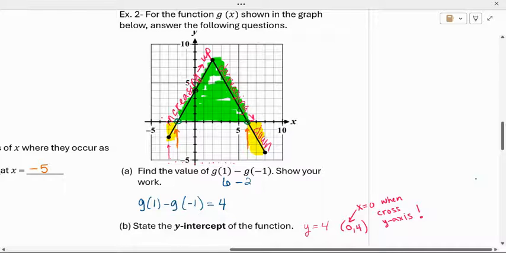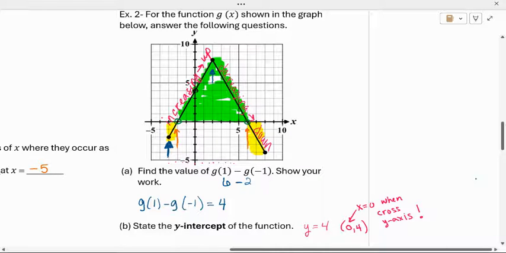So between what x values is the graph increasing? What is the smallest x value where it starts to increase, and where does it hit its turning point? We want those x values.